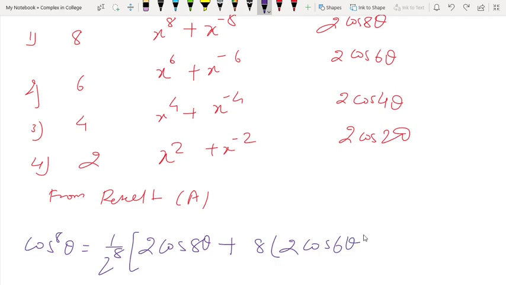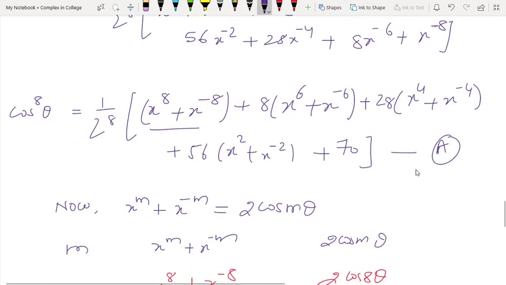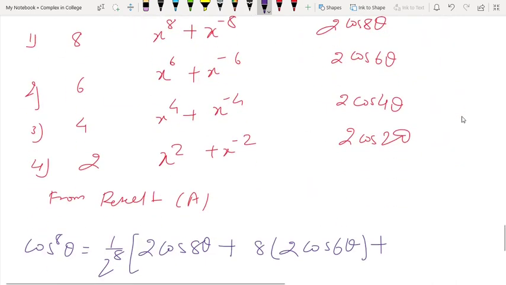What next? Then we have 28, x raised to 4 and x raised to minus 4. So 28 in bracket. Now for x raised to 4 and minus 4, 2 cos 4 theta.